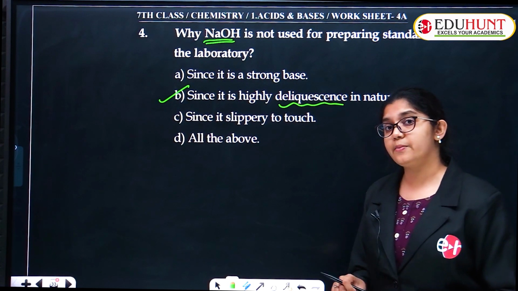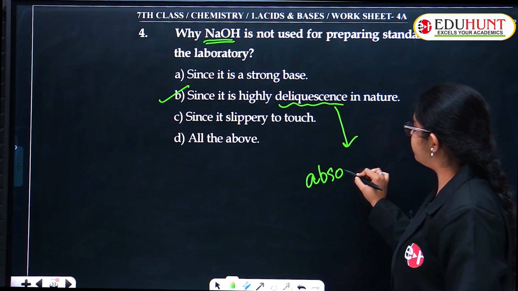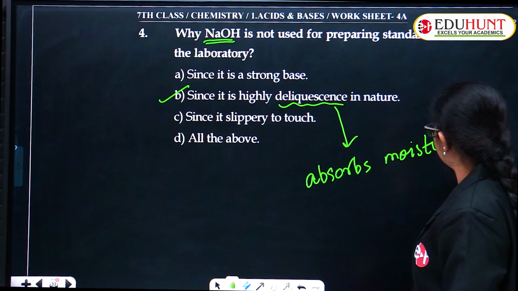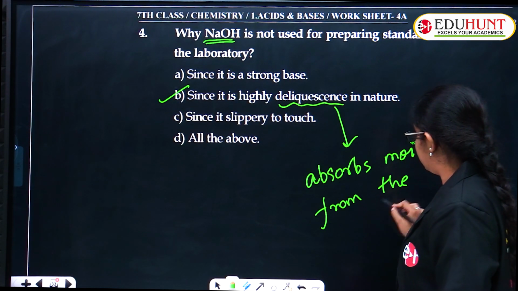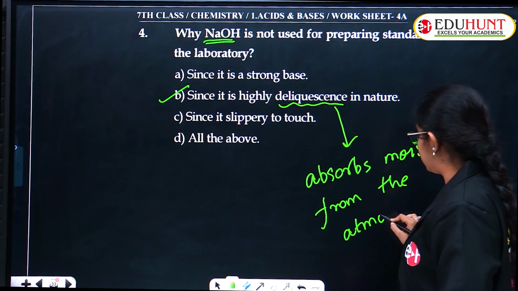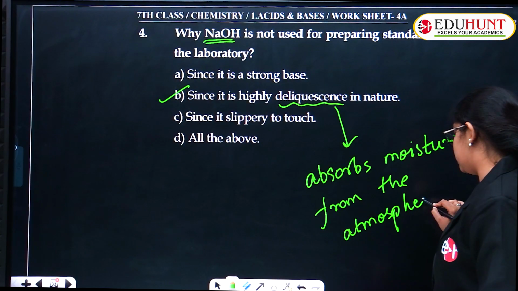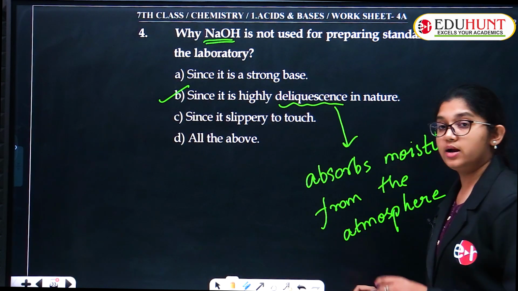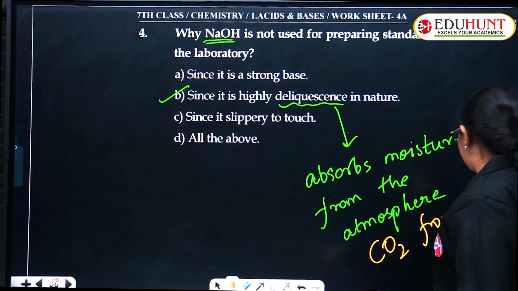What is deliquescence? It absorbs moisture from the atmosphere. For that reason, we will not make standard solutions of sodium hydroxide in the laboratories, because it absorbs carbon dioxide from the air.